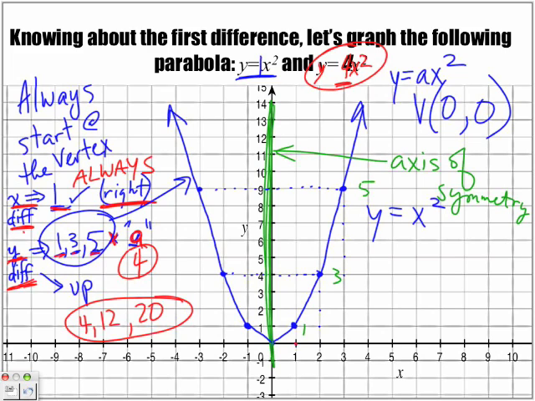Remember, what is the most important? Always start at the vertex. The x difference tells us 1 to the right, and then the y difference tells us to go up 4. 1, 2, 3, 4. And there's our point.